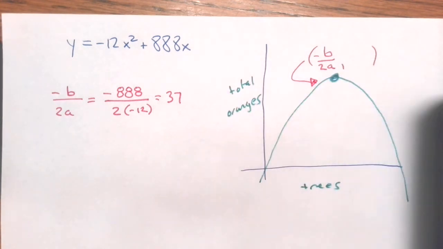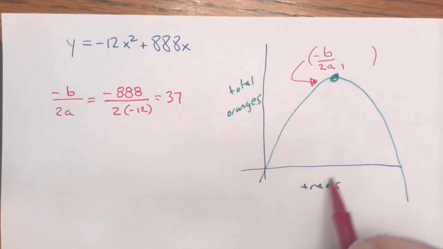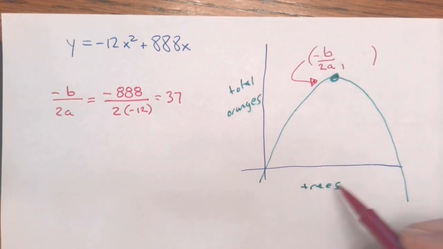So there's our calculation for that. So the x-coordinate here is 37, and our x's are our trees. So we need 37 trees in order to maximize the number of oranges.